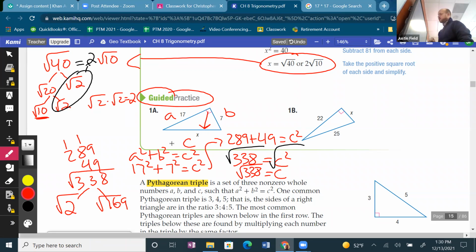Well, guess what? The square root of 169 is none other than 13. So the final answer here is c equals 13 root 2. Okay? So we could totally work on simplifying radicals because I want you guys to get 90 smart scores.